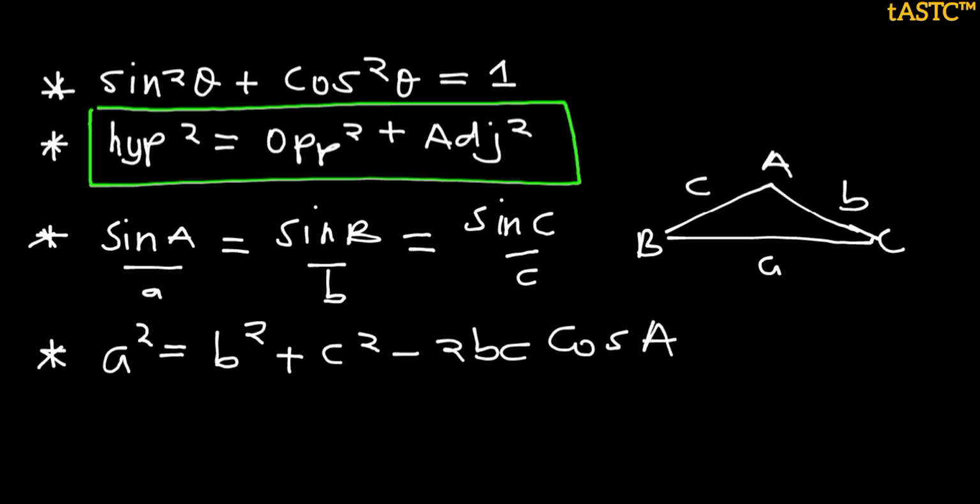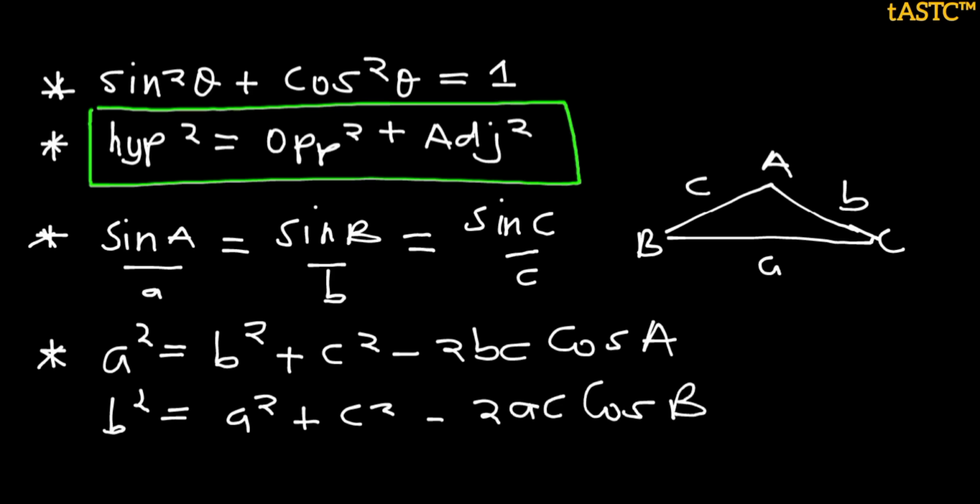Now I could also write it in terms of B. If I wanted to find the side b, b squared is going to be equal to a squared plus c squared minus 2ac cos B. That is the angle B, this angle.